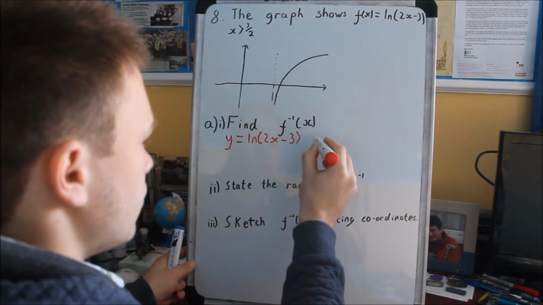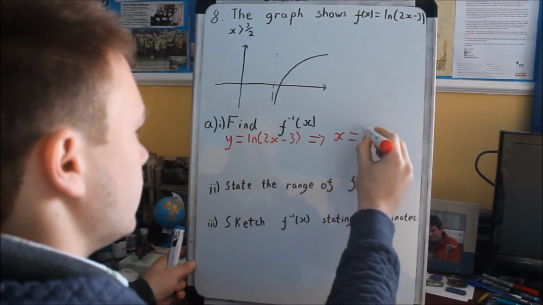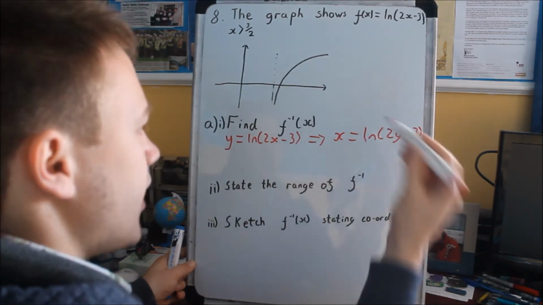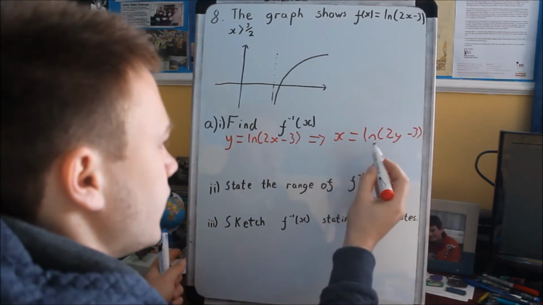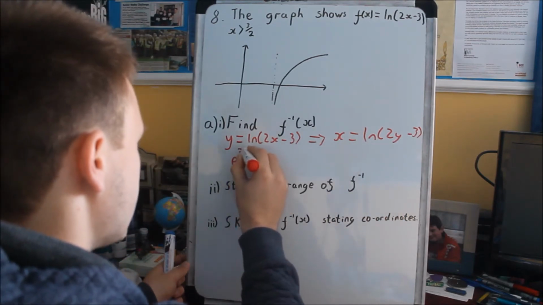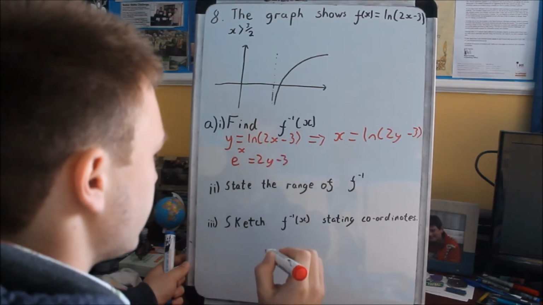Then you swap around the x and the y, so we get x equals ln of 2y minus 3, and then solve for y. So firstly we get rid of the ln, so we have e to the x equals 2y minus 3.